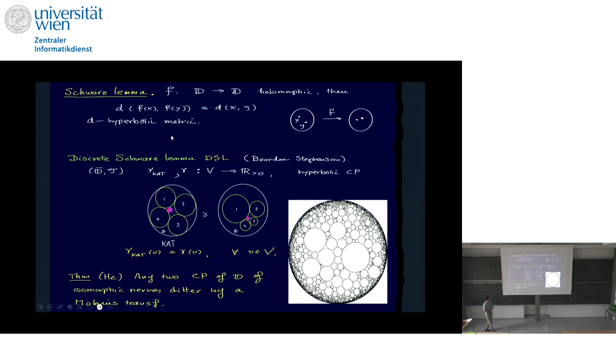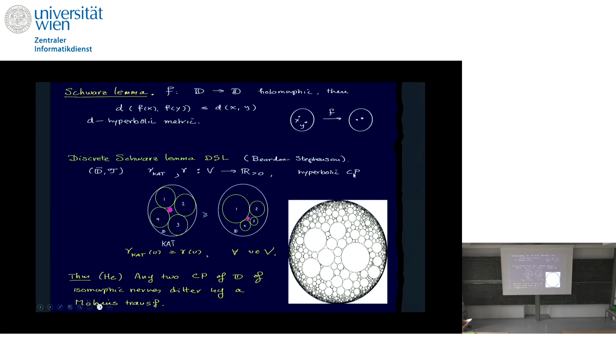And the analog of that was proved by Beardon and Stephenson in the 1990s, in a finite setting. So suppose D bar T is a triangulated compact disk. This is a finite triangulation, and we have 2 circle packings. But now we have to use hyperbolic geometry.